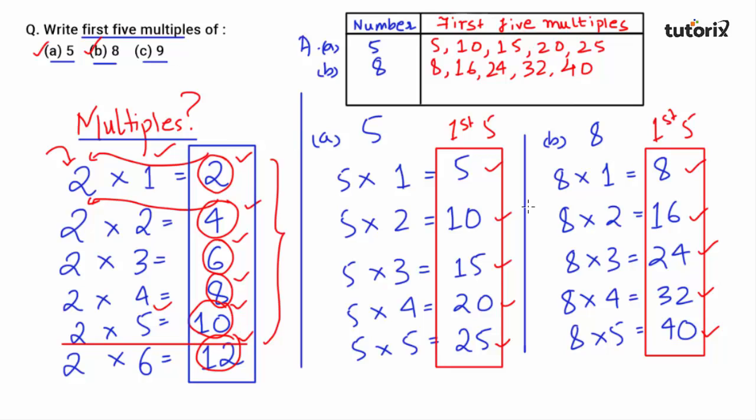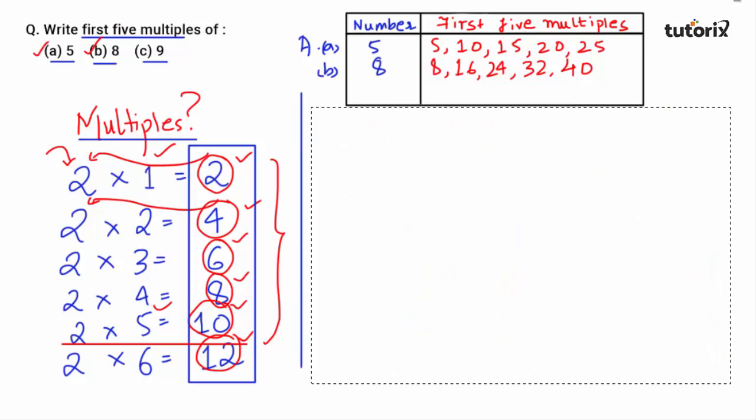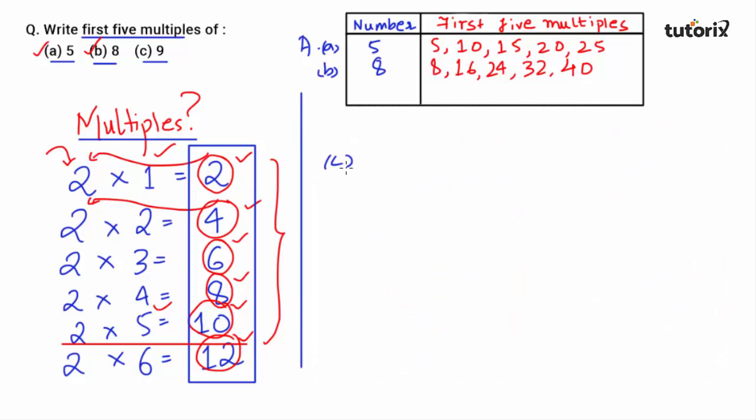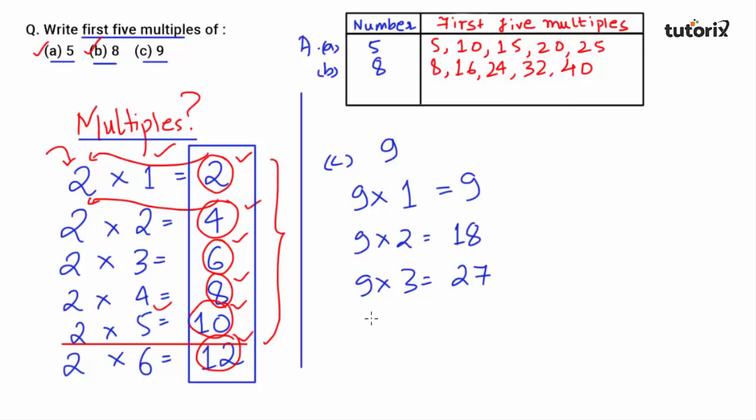For part C, we need some space, right? So let's just delete all that we do not need and look at part C. Here we have the number 9. So we just write the table of 9. 9 into 1 is 9. 9 into 2 is 18. 9 into 3 is 27, right? 9 fours are 36 and 9 fives are 45.